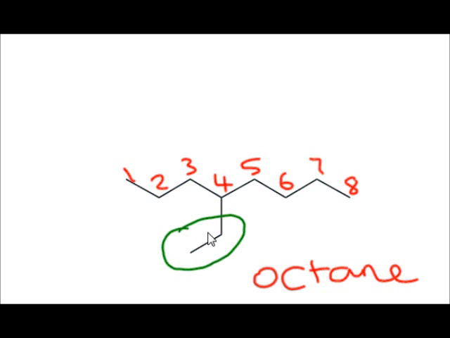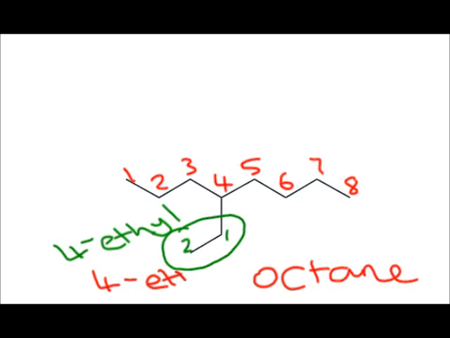This time, it's an alkyl branch, but it contains 2 carbons. So instead of a methyl branch, this is now an ethyl branch. It's attached to the 4th carbon in the longest chain, so it will become 4-ethyl. Therefore, the name of this alkane will simply be 4-ethyl octane.